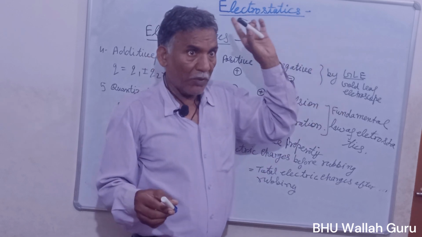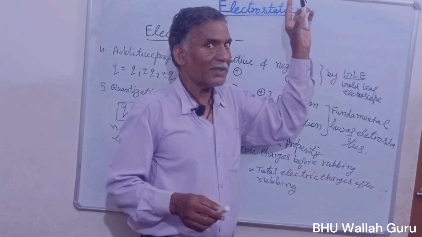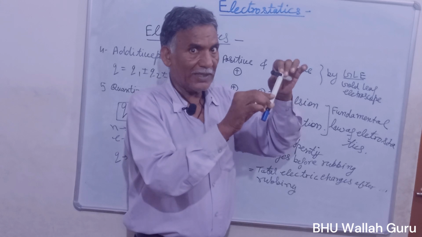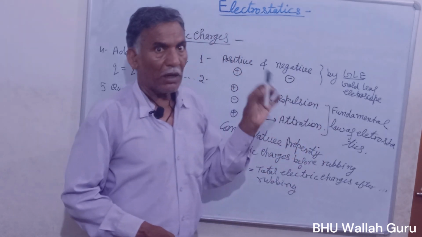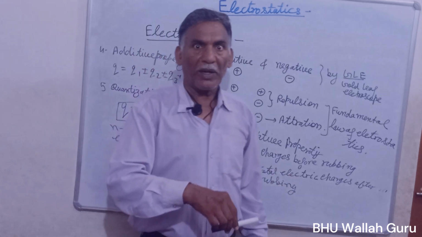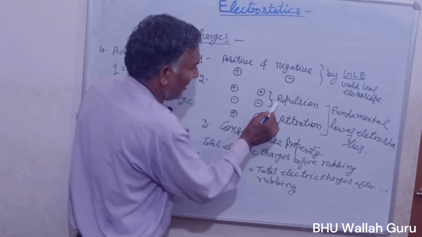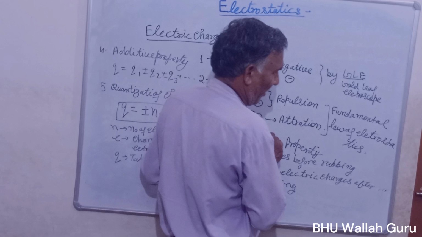But if a glass rod rubbed with silk is brought near the amber, it is attracted. Certainly, there are different types of charges on the glass rod and on the amber. So like charges have a repulsive property, unlike charges an attractive property.